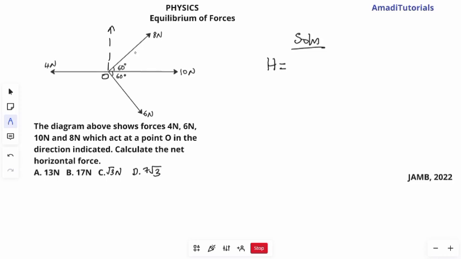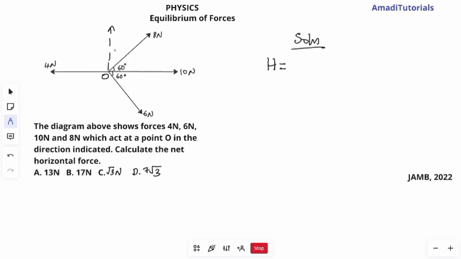One of the laws of equilibrium says total force in one direction equals total force in the opposite direction. Or if you use the principle of moment, total clockwise moment equals total anti-clockwise moment. So let me use the first one: total forces in one direction equal the total in the opposite direction.